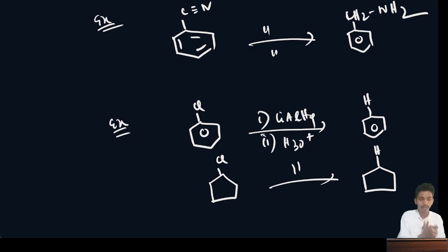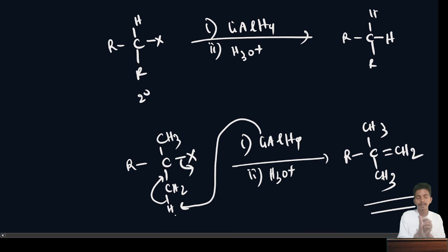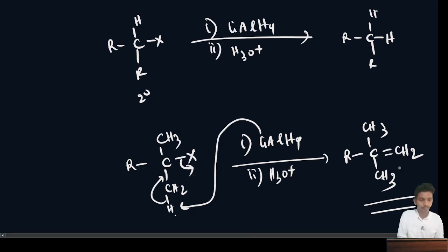If lithium aluminum hydride reacts with polar bonds or polar multiple bonds, it will be able to reduce these double bonds, and it is also able to break these polar bonds.